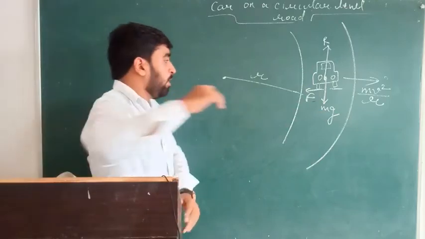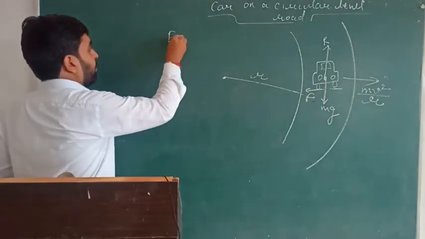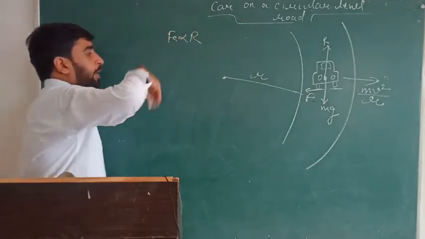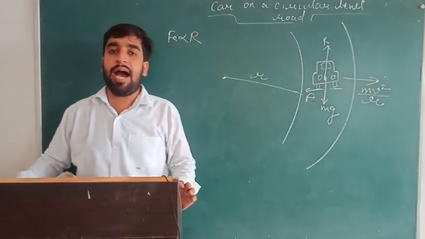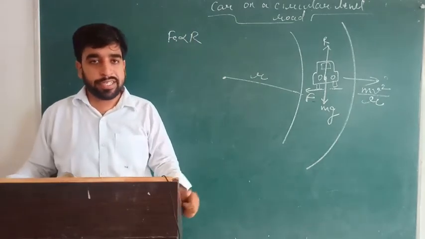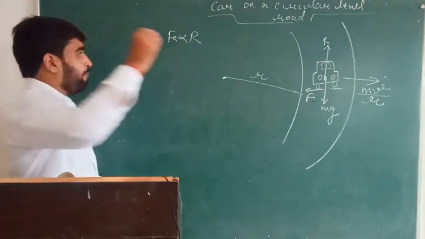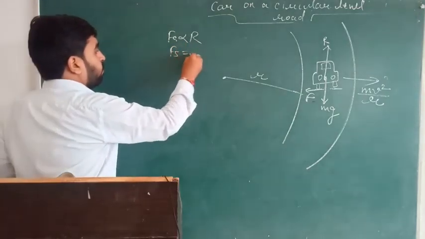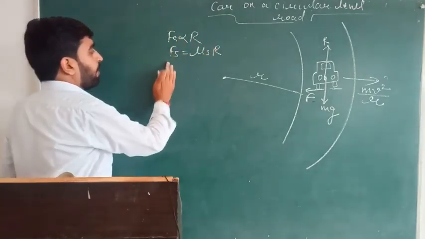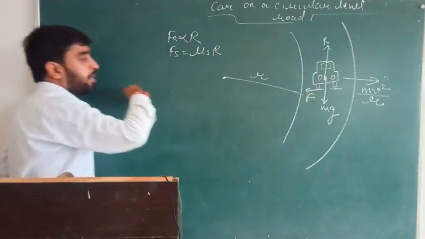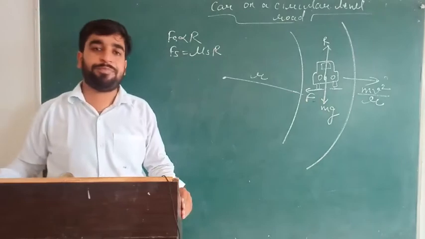Now students, what is the magnitude of this friction? How to calculate it? Friction is directly proportional to the normal reaction R. You already have studied this in the laws of friction. So Fs is proportional to R. Fs is equal to μs into R. This is the magnitude of the static friction which will get you back into this circular frame.